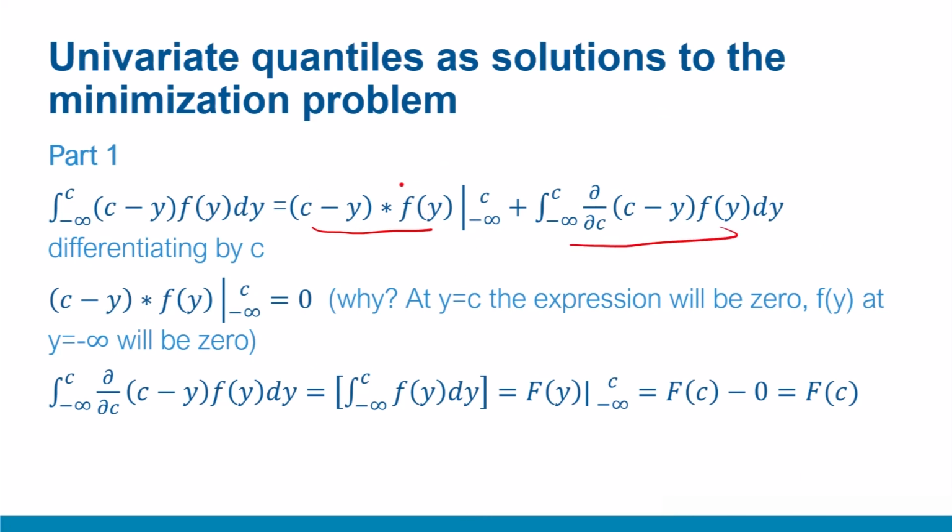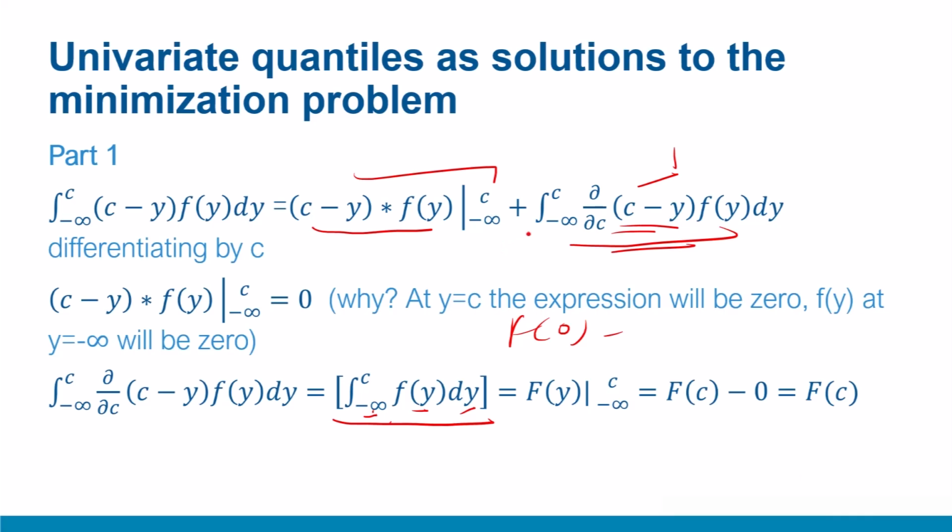Now let's come back to this. So this term is 0. Let's come back to this. Here, the differential of this, like I was saying earlier, will become 1. So it is nothing but the integral from minus infinity to c of the probability density dy. And this is nothing but the cumulative probability from minus infinity to c, which is fc itself. The other limit will become 0 because at minus infinity, the value will be 0.